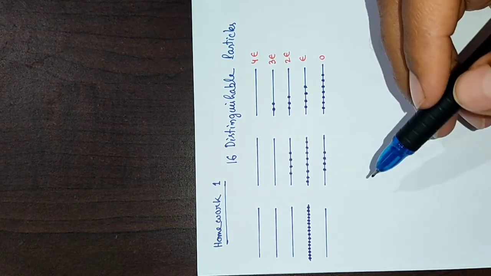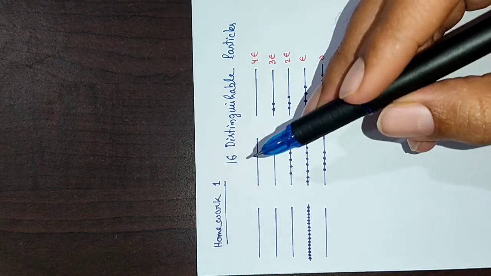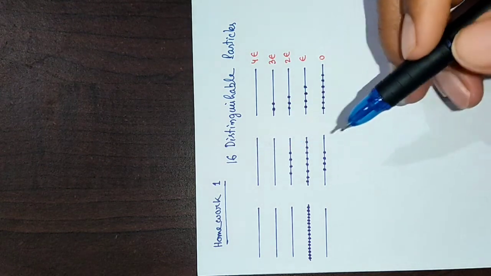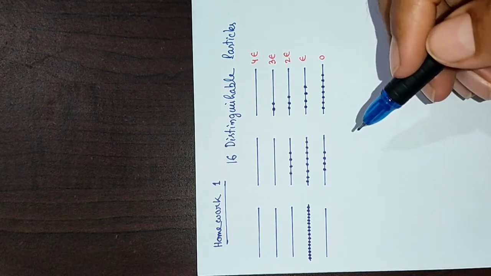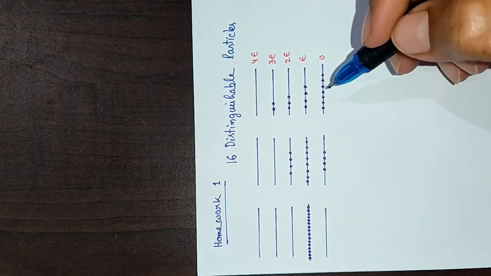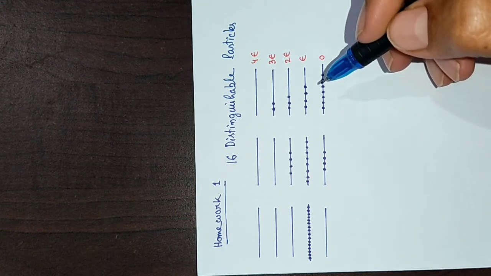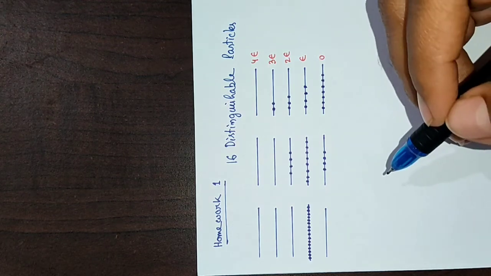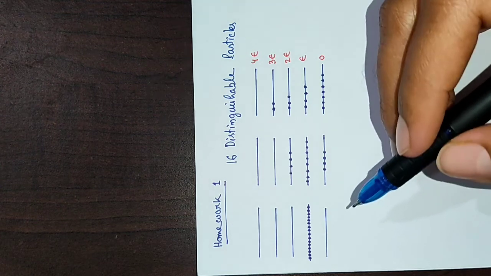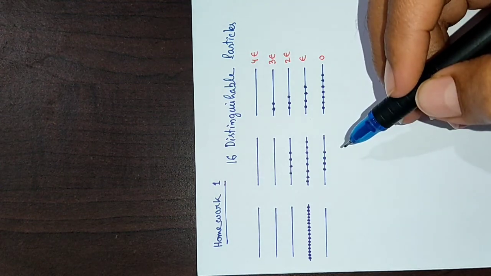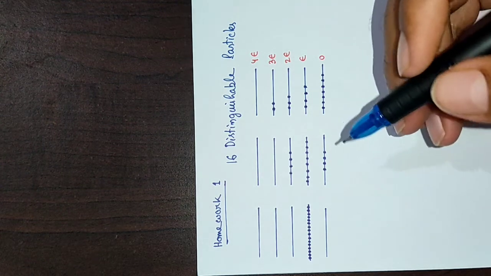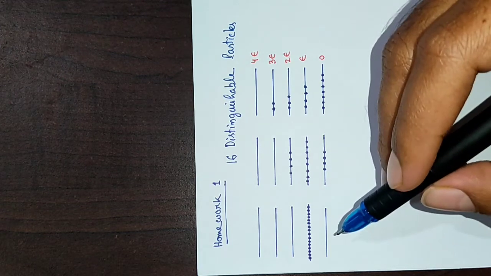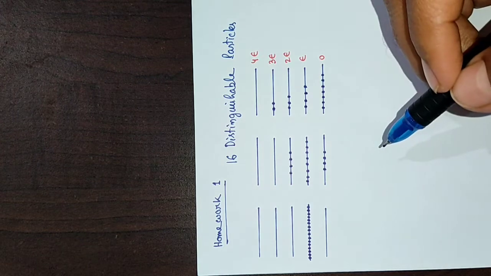For this set, we have 16 distinguishable particles. They are carrying total energy 16 epsilon and each quantum level is differing by 1 unit of energy, that is 1 epsilon. So we can design many macro states, but only 3 macro states were given in the problem, 1, 2 and 3.